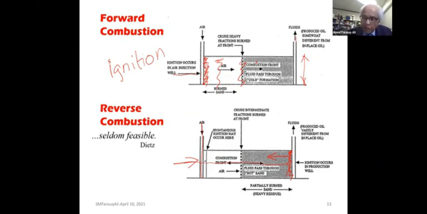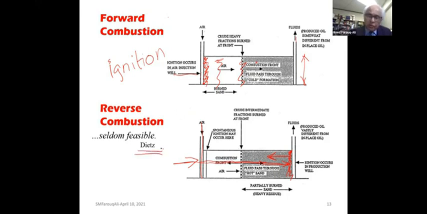Number one, the air has to go through all this oil before it reaches the combustion front, and most of the oxygen will be used up in slow oxidation. And by the time it reaches here, maybe there's not enough oxygen. And the other thing is that this combustion front is now moving through initial oil and water.